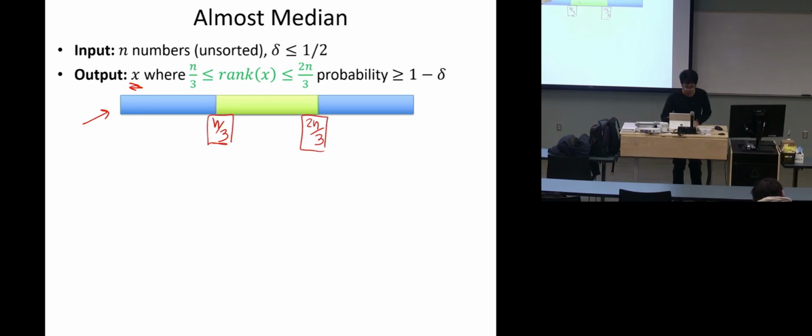You want x somewhere here in the green area. And you want this x with high probability, 1 minus delta, where you think of delta as something small.